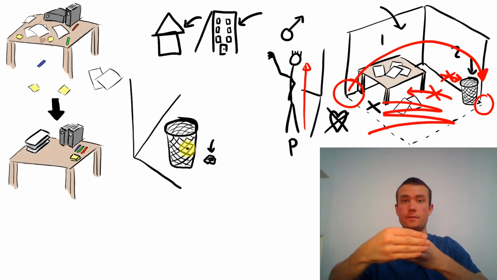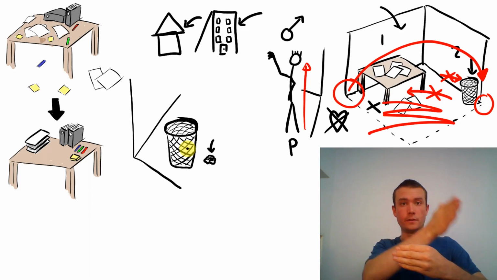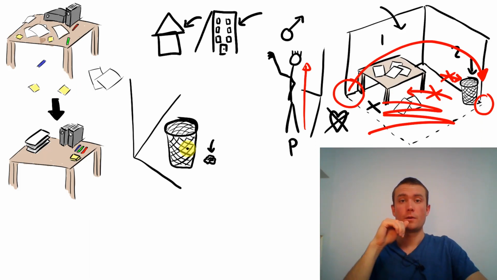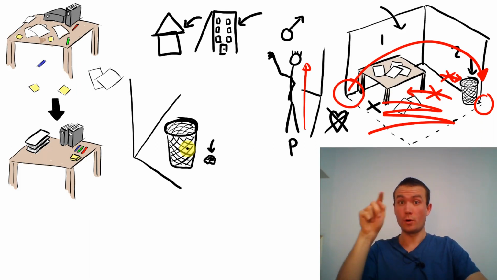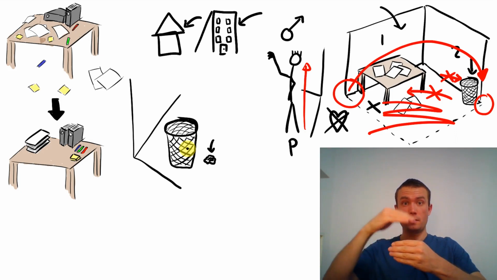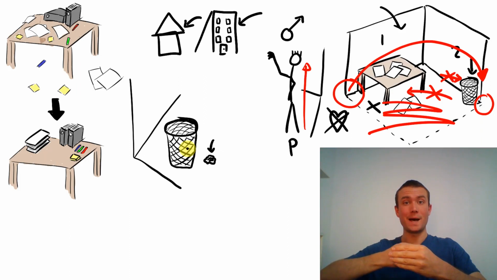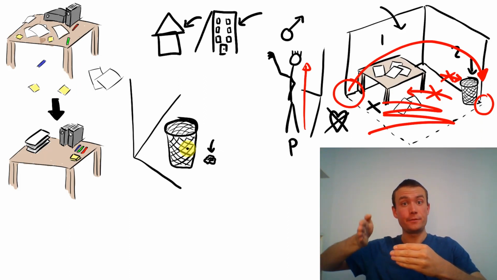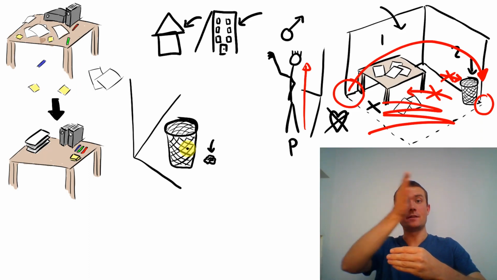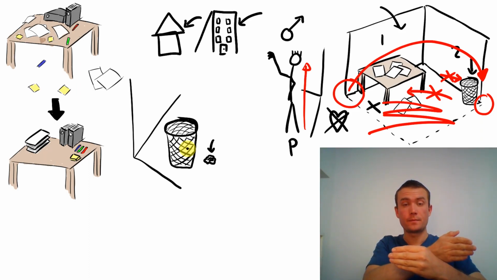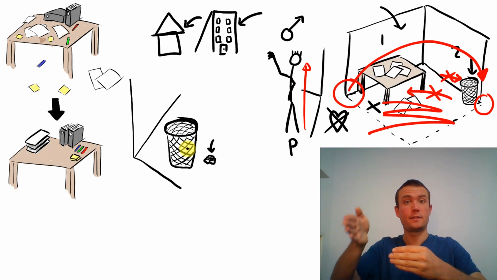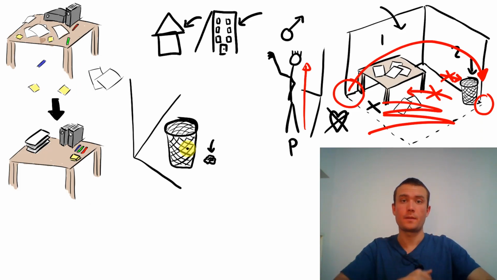In front, behind, to the side. From your point of view, this is the front, this is behind, this is on the left and on the right. The left side, the right side, from your point of view.